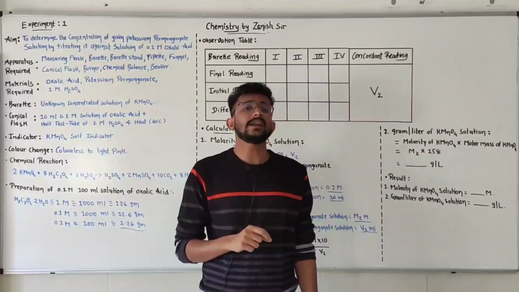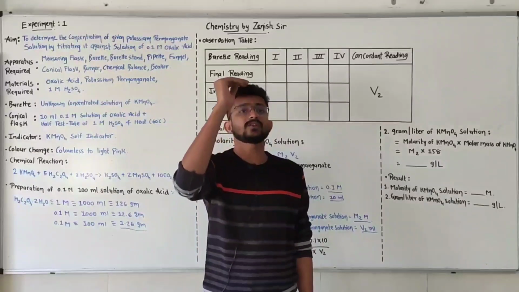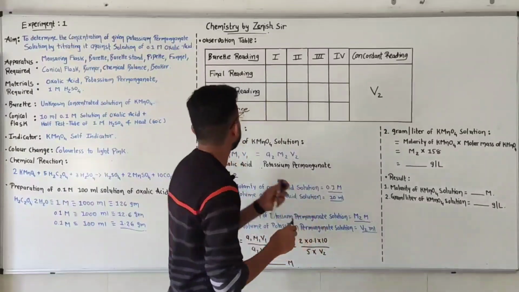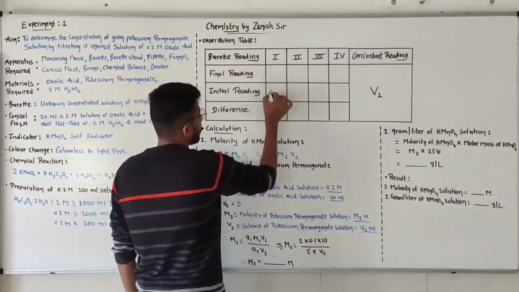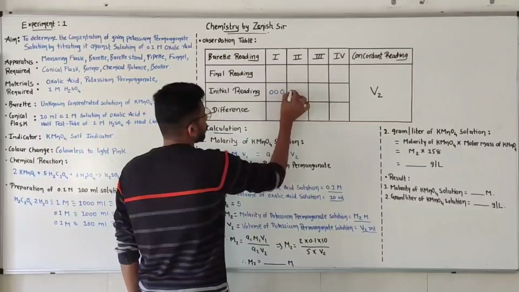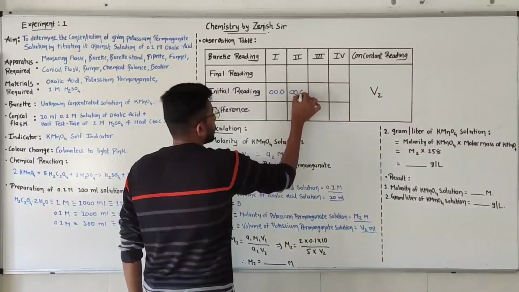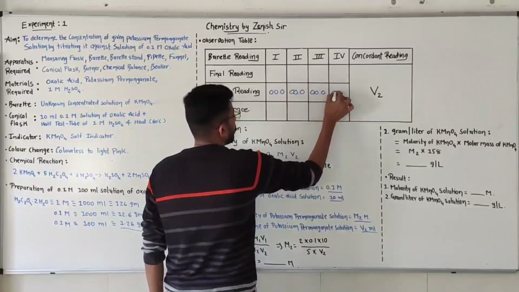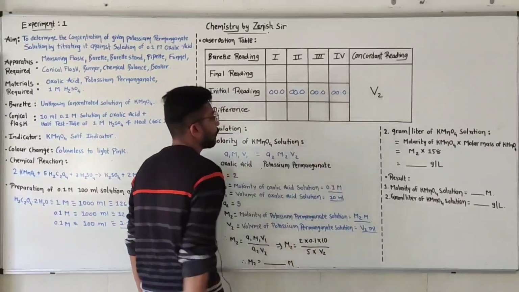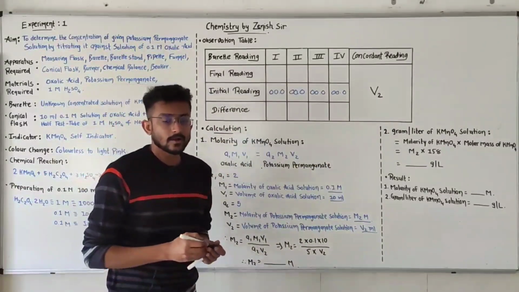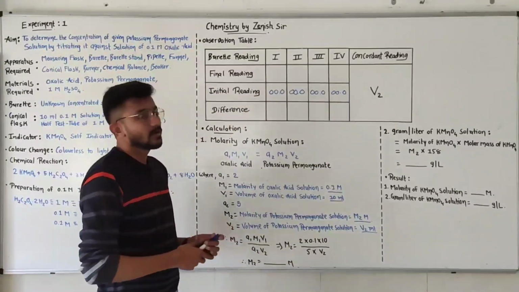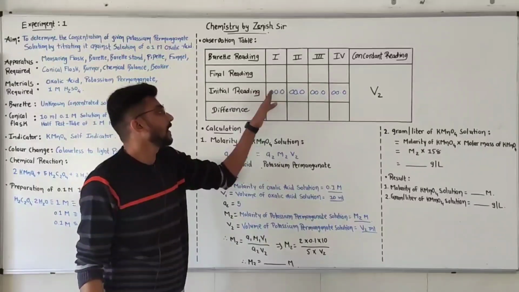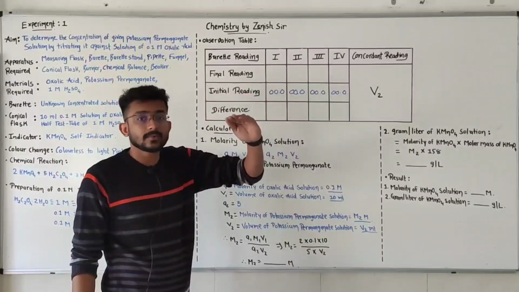With every single reading, KMnO4 is always set to the 0 mark. That's why your initial reading will always be 0.0 ml. Right? Your initial reading, all 4 of them, will always be 0.0, because with every single reading, we are filling it up again and setting it to the 0.